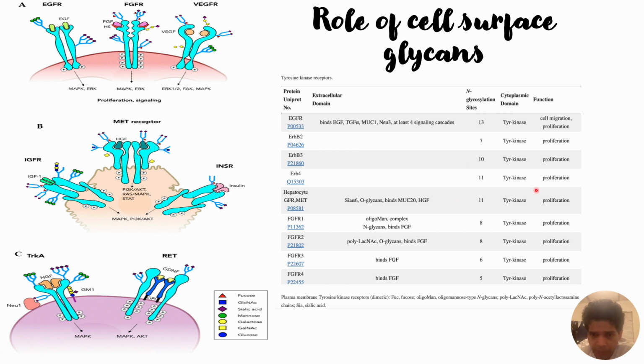Some of the glycan structures and glycosylation sites are shown in this figure, such as EGFR, which has 13 glycan sites, whereas ERBB2 has 7 glycan sites, and their roles and functions are shown in the last column. That is, EGFR helps in cell migration and proliferation, whereas ERBB2 helps only in proliferation.